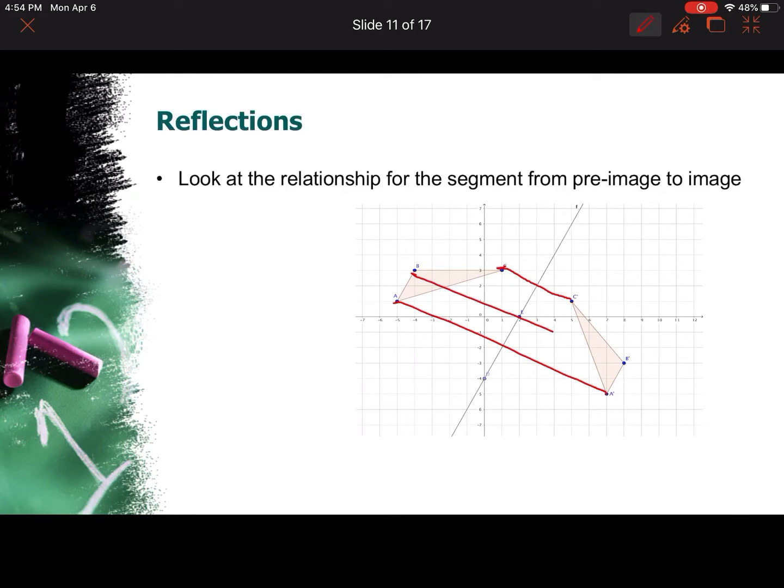And it is also the perpendicular bisector of that segment, and of that segment. That's the key I wanted you to see: those segments connecting the pre-image and image points all have the same perpendicular bisector, and it is the line of reflection. The line of reflection is perpendicular, and it goes through the midpoint.